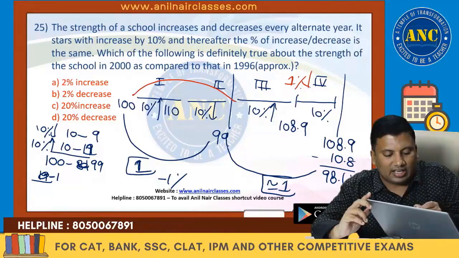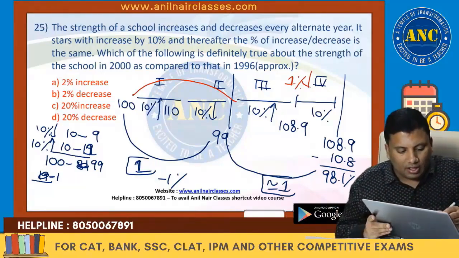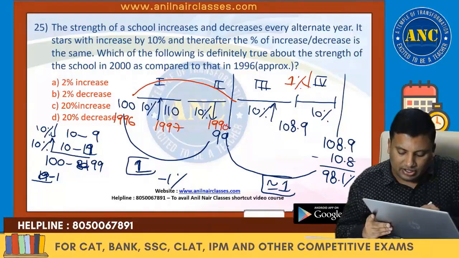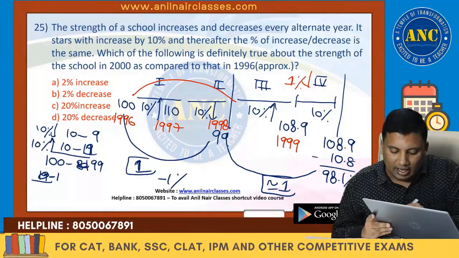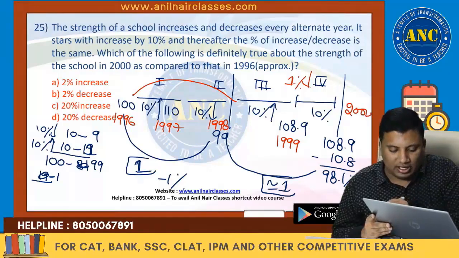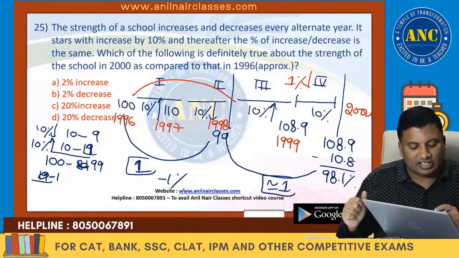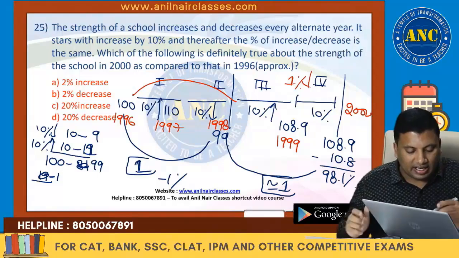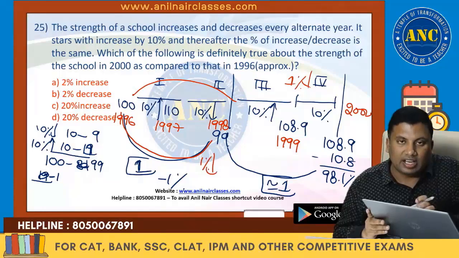If first year, second year, if the same pattern is there, so these 1996, 1997, 1998 and 1999 and 2000. Now if you see here, from 1996 to 97, 10% increase. Again 97 to 98, 10% decrease. This change is, one is decreasing, 1% down.